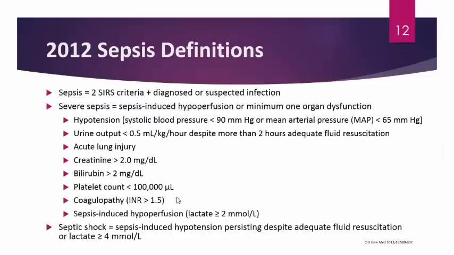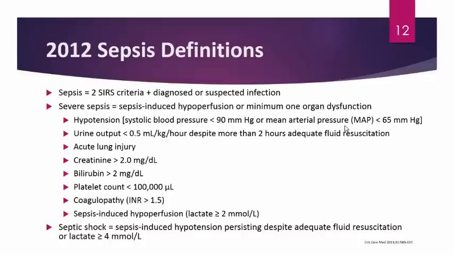Now, keeping the SIRS criteria in the back of your minds, essentially what the guidelines alluded to was diagnosing sepsis via SIRS criteria plus a diagnosed or suspected infection. Now, remember, with sepsis, you always have to have an underlying infection that causes everything to happen. So if you suspected an infection and you had potentially 2 SIRS criteria, as a lot of times was done in practice to classify sepsis, you can be classified or diagnosed as having sepsis.